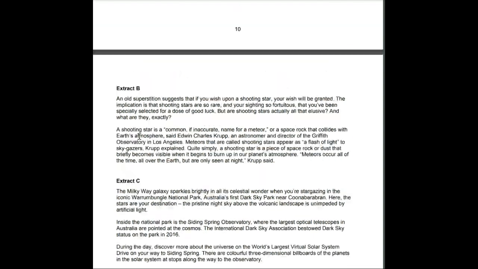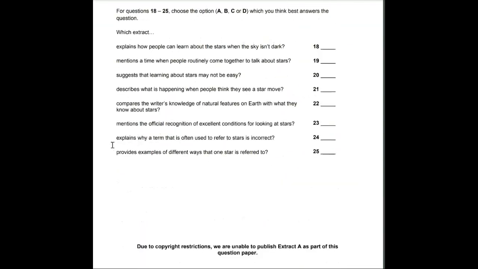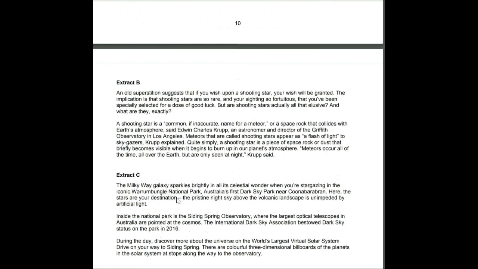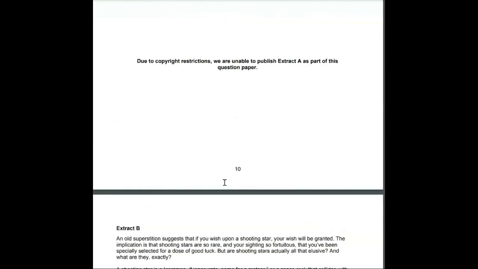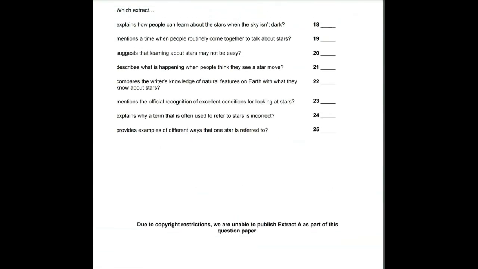So scrolling back up to question 24, the term used being shooting star is incorrect because the real word for a shooting star should in fact be meteor, because the scientific and correct word for this concept is a space rock that collides with the Earth's atmosphere. So the best answer for question 24 is in fact B.